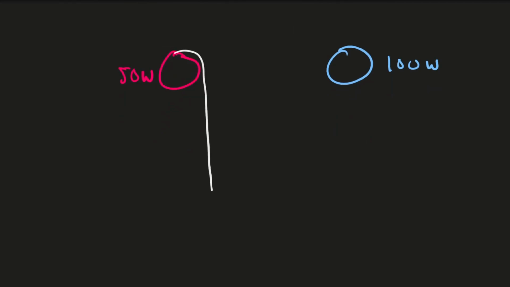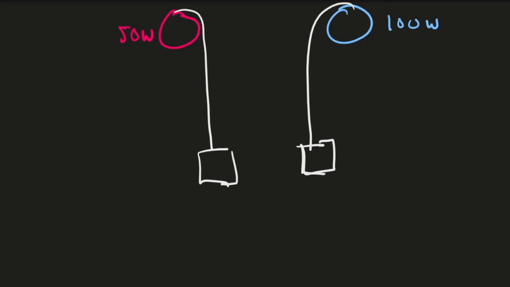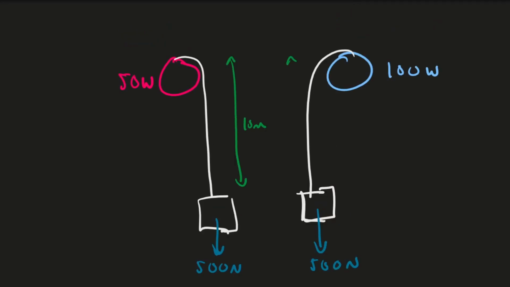So let's hang a weight off of this motor and hang a weight off of this motor, and both of these motors are going to be pulling the same weight. And let's give this a weight of 500 newtons. Okay, so both of these have the same weight, and they're going to be pulling it up through this same height. Okay, so this height we're going to say is 10 meters, and this height is 10 meters.